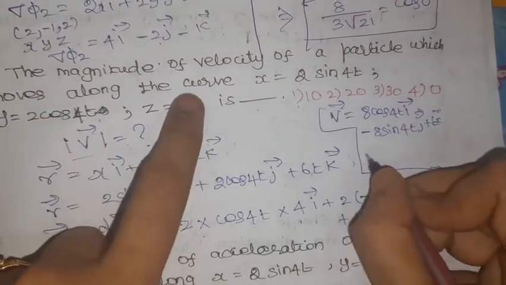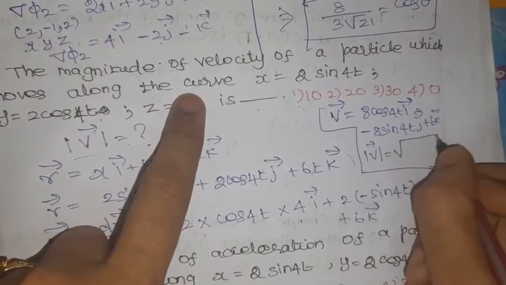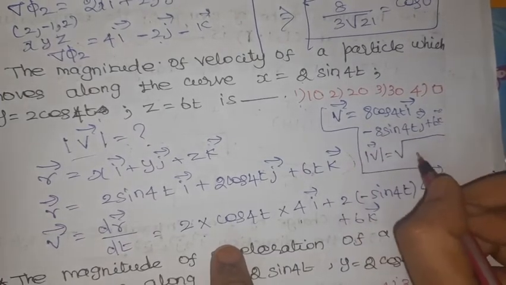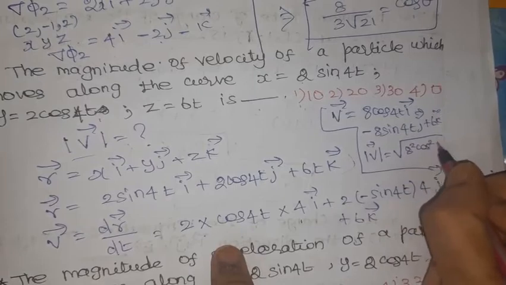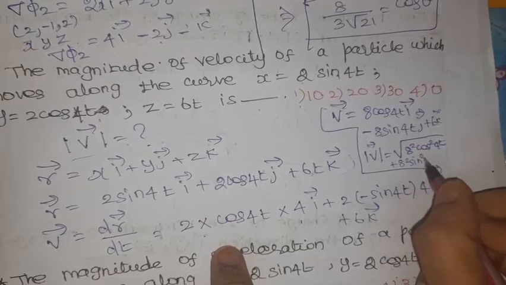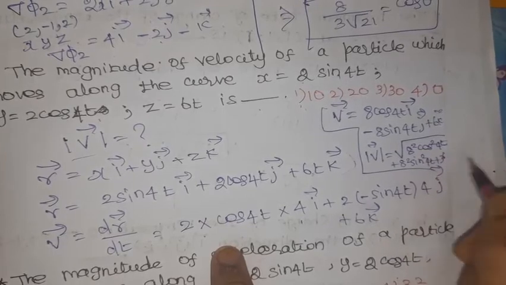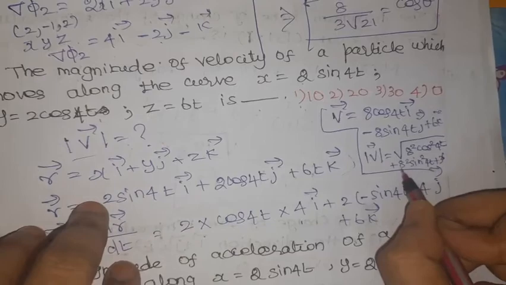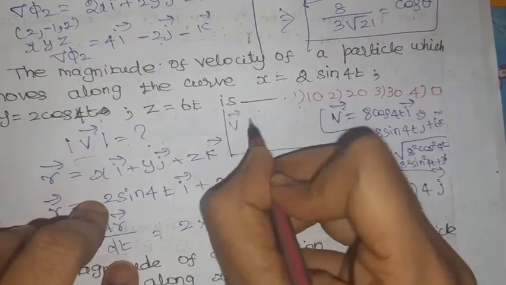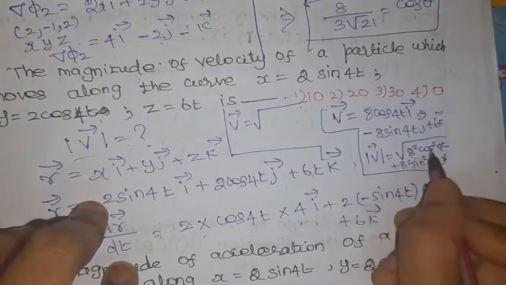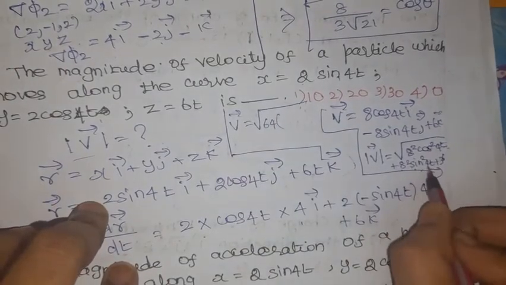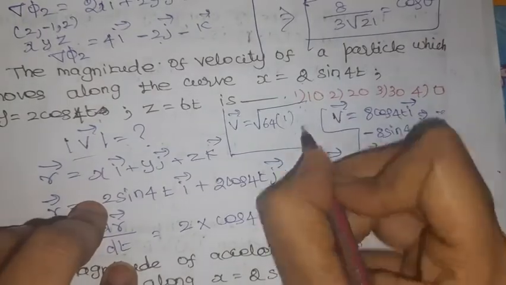So then what we need to find? The magnitude of velocity is nothing but the magnitude of this one. So square root of 8 squared cos squared 4t plus 8 squared sin squared 4t plus 6 squared, 36. Here 8 squared is 64, and 64 is common in the two terms. So we get 64 times cos squared 4t plus sin squared 4t, which is obviously 1, plus 36.